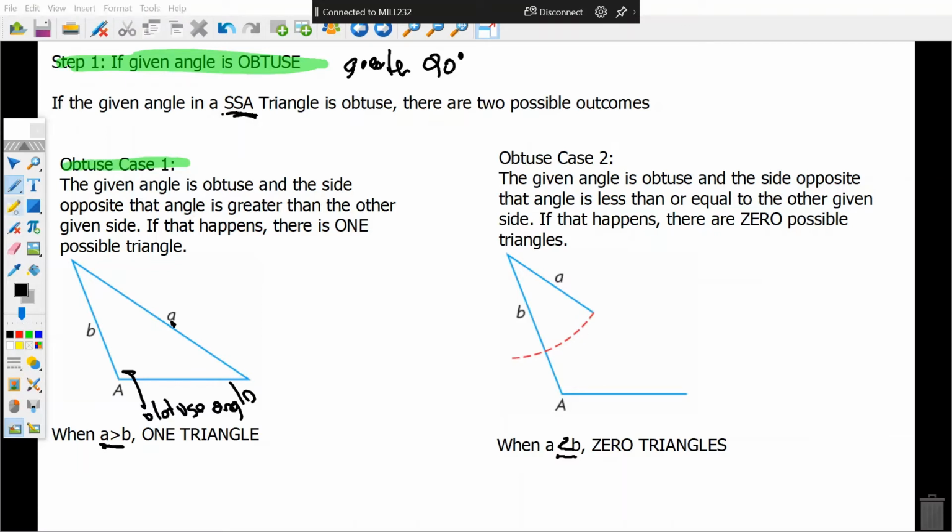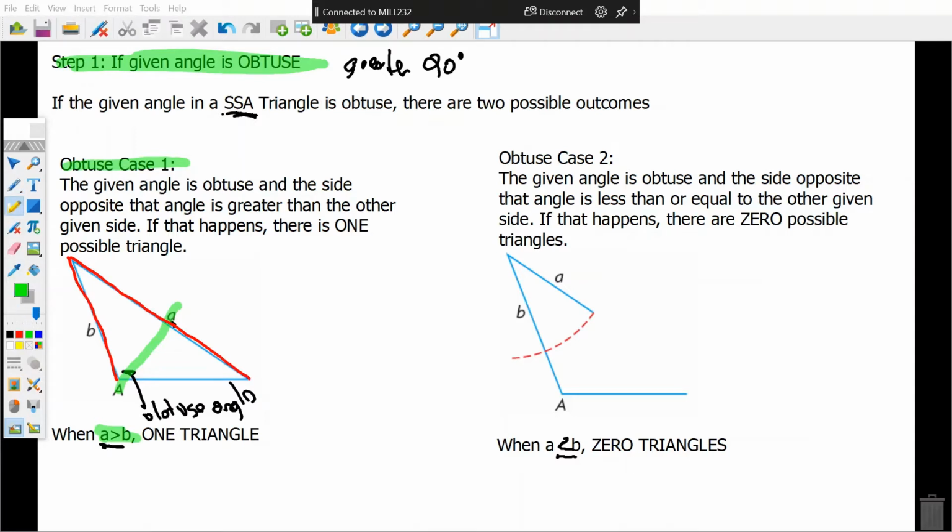It would look something like that. The triangle would go here with an obtuse angle. Now side a is longer than side b, so we can reach down and have one possible triangle.